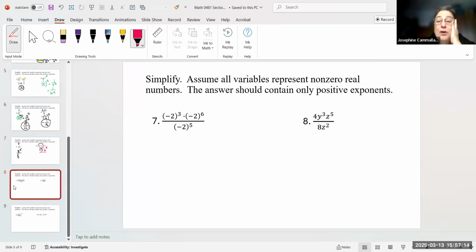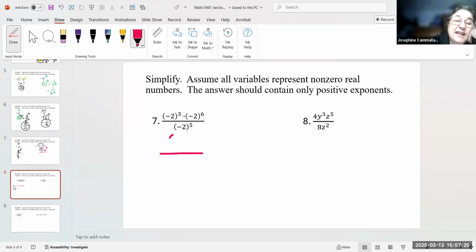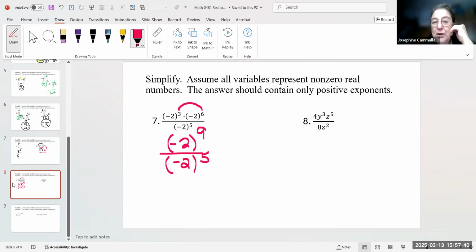Okay. Now, if you look at problem number 7, the negatives are inside a parentheses. So that means we're going to take the -2 and we're going to add these exponents, which is 9. This is going to give me a -2 to the 5th.